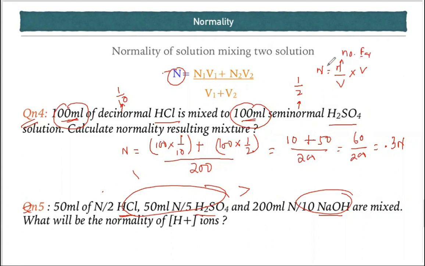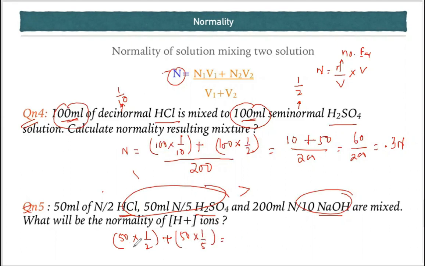Okay, so the number of equivalents you have to find out first for acid as well as base. So how can you find out the number of equivalents of acid? It is already given that 50 milliliter. So 50 into 1 by 2 for acid plus 50 into 1 by 5, this is for sulfuric acid.